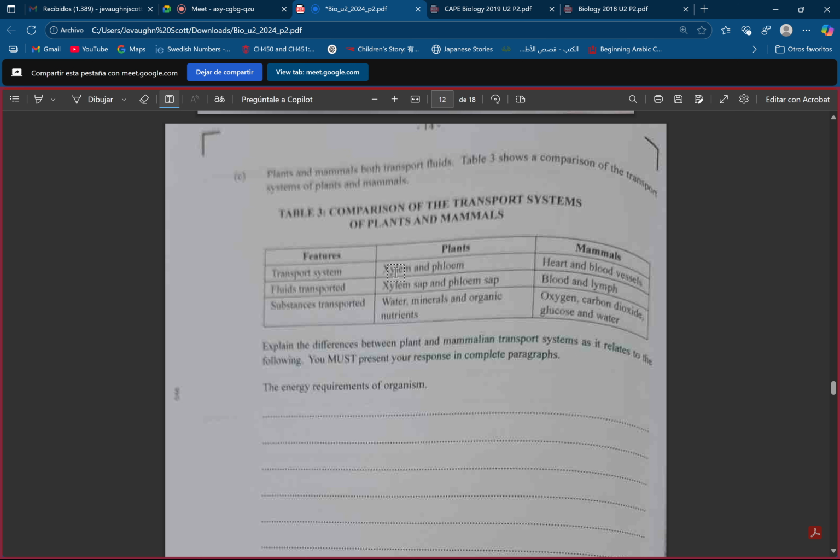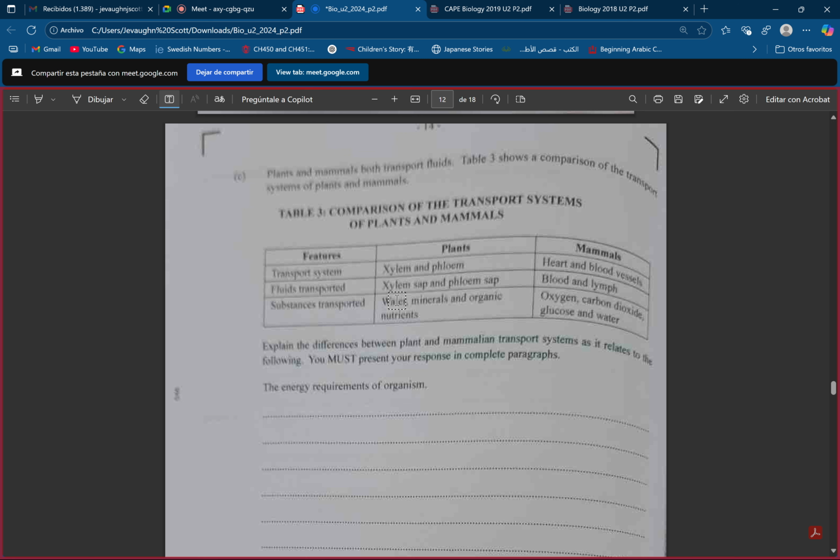Fluids that plants move are xylem sap and phloem sap. Mammals have lymph and blood, right? Then the substances transported for plants is water, minerals, and organic nutrients. Mammals it's oxygen, carbon dioxide, glucose, and water. That is kind of reductive though because we do have other organic nutrients, minerals, and stuff like that moving in the blood as well. But it's fine. Alright, we're gonna take CAPE's word for it.